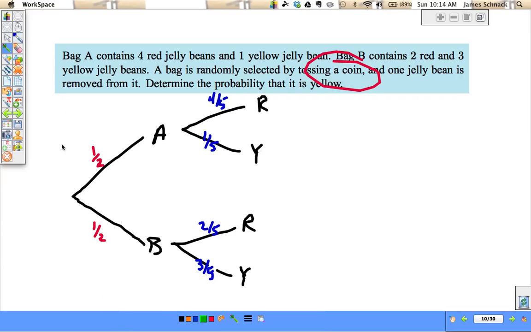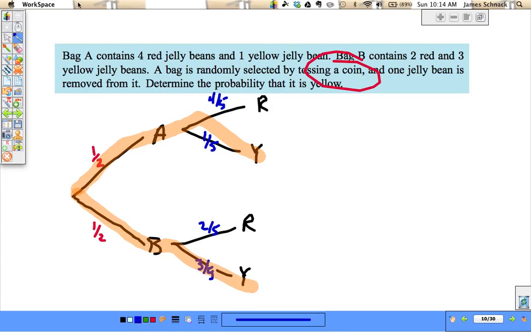Okay, now here's the big question. In what ways can we get a yellow jelly bean? Well, there's actually 2. There's 2 branches that we are concerned with here. We want the probability of getting a yellow. Doesn't matter what bag it's in.